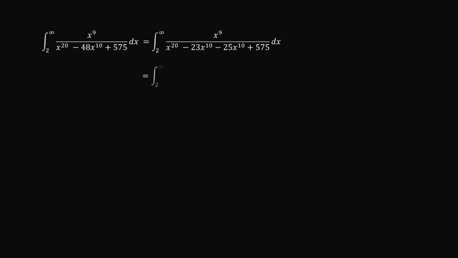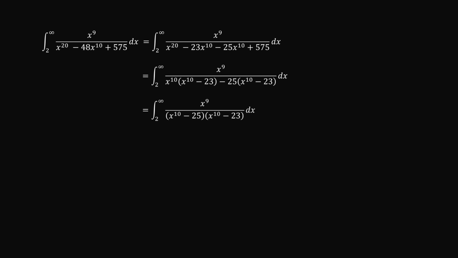And so if we go further to factorize that, we pull out the x to the power 10 term on the left hand side, and you're left with x to the power 10 minus 23. And on the right hand side, if you pull 25 out, we're left with x to the power 10 minus 23. So easy to factorize that out, and that is x to the power 10 minus 25 times x to the power 10 minus 23 on the denominator side.